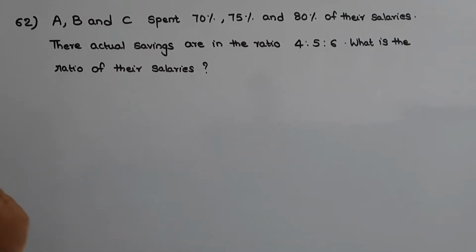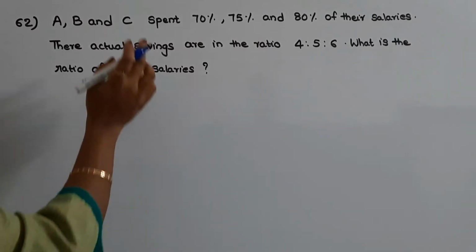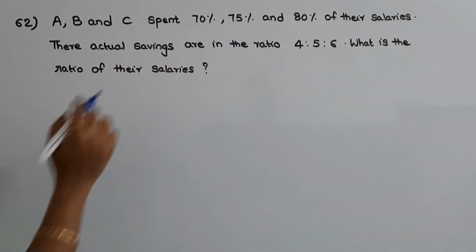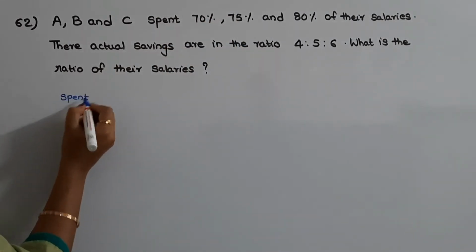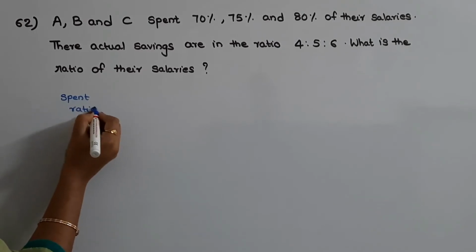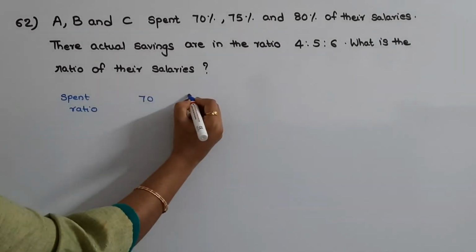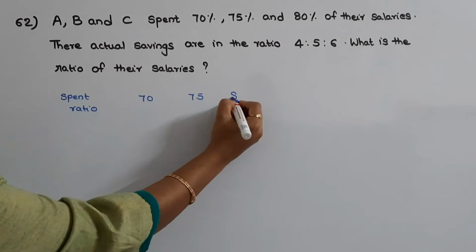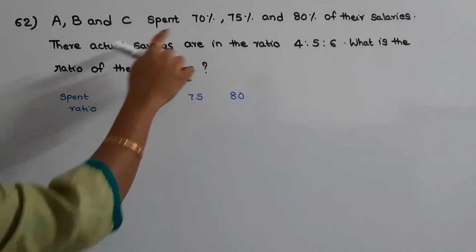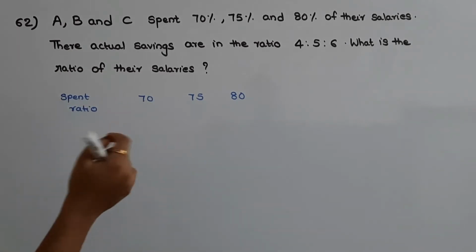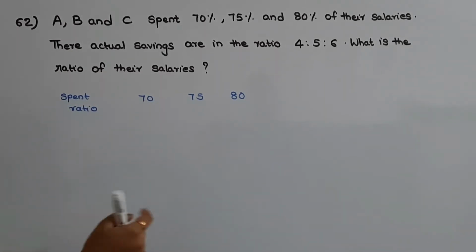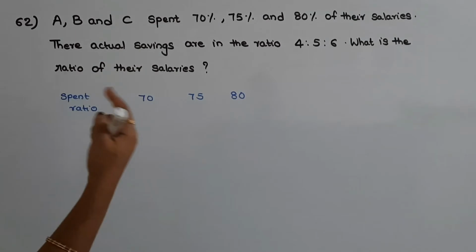So first we need to write down the ratio of their salary spent in terms of percentage. So the spent ratio is equal to 70:75:80. If 70% of the salary is spent by A, then what will be his savings in terms of percentage? That will be 100 minus 70, that is 30.